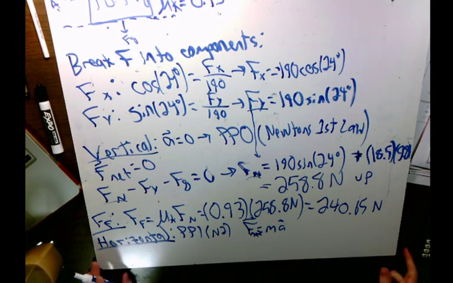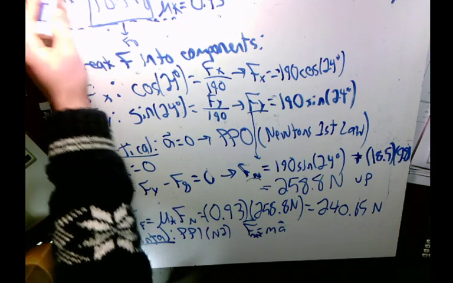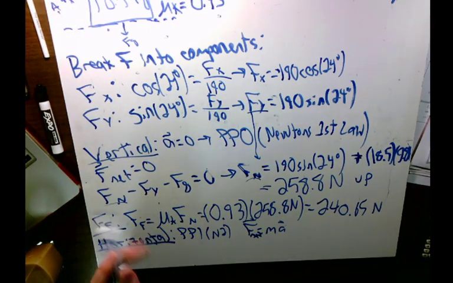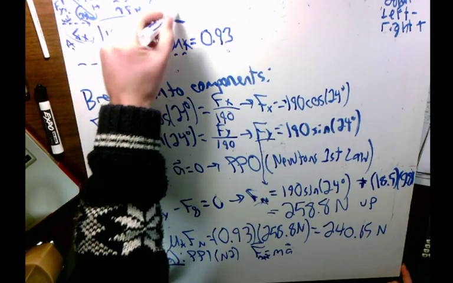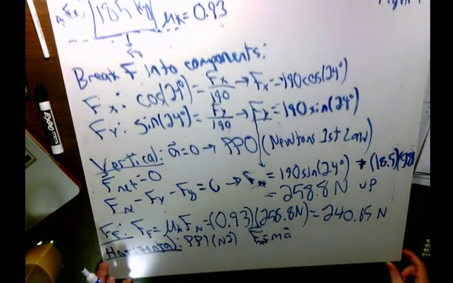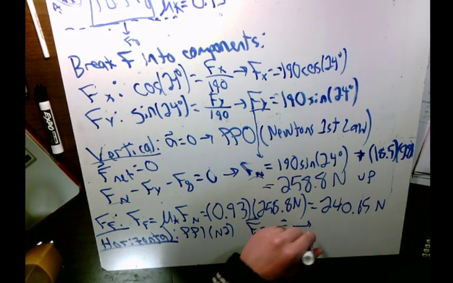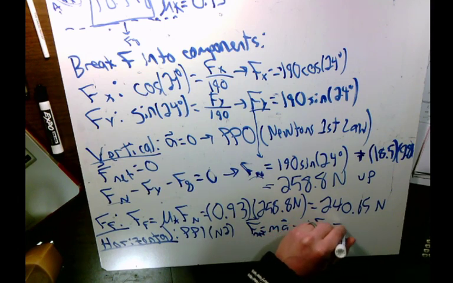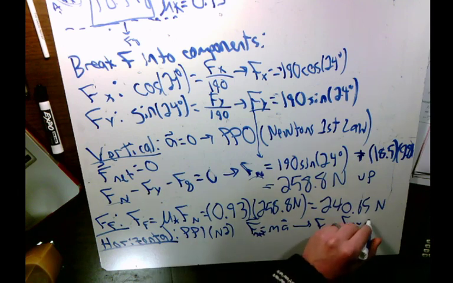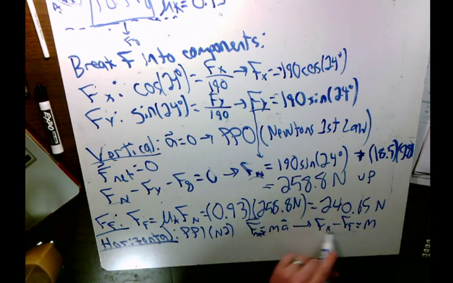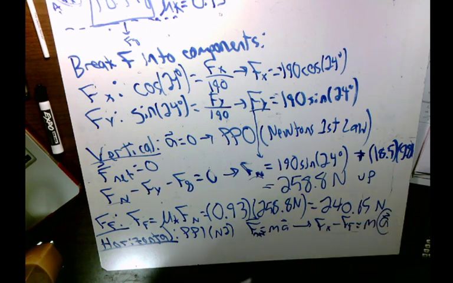So let's look at all the forces we have going on in this horizontal direction. We have our x component of this 190 newton external force, right, Fx. And we also have the force of friction resisting it, which I forgot to draw on, but that was important here. So it's going to be Fx minus force of friction is equal to the mass of the block times our acceleration, which is what we're looking for.